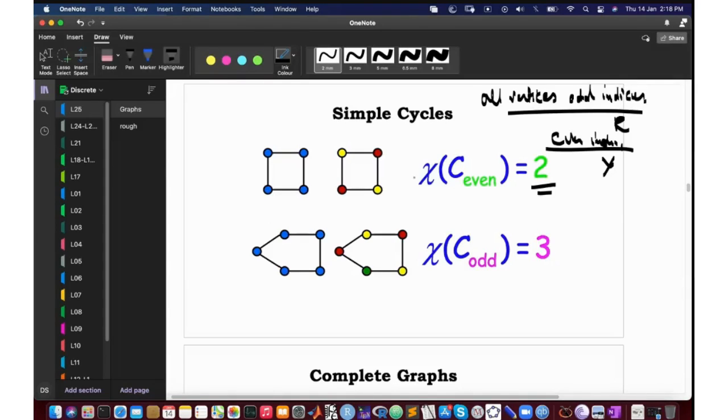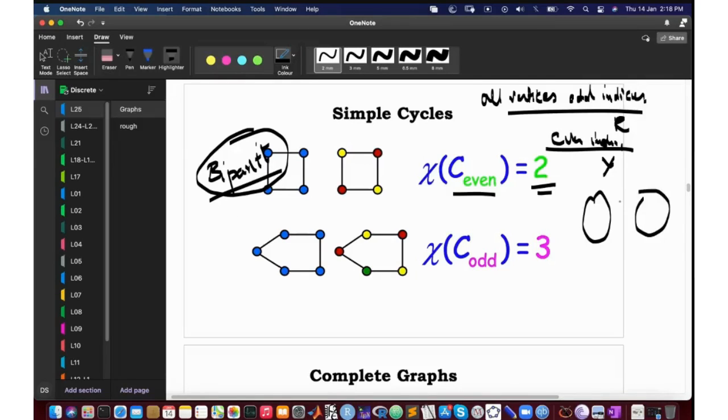So these are C even, cycles on even nodes. They are two colorable because these graphs are actually bipartite. Okay, and bipartite graphs are the only graphs which can be colored with two colors. You get two partitions. There is no edge within a partition, so you can give one partition one color and the other partition the other color, and these are two colorable.